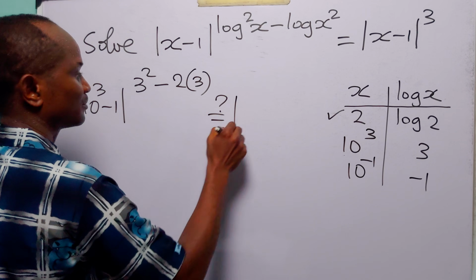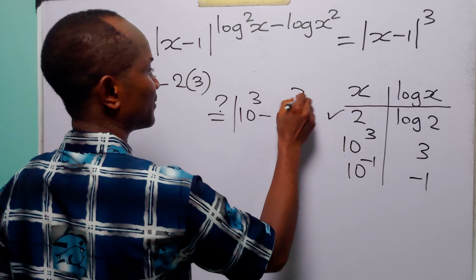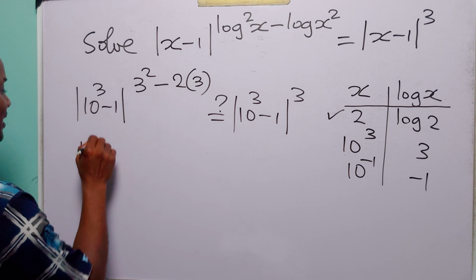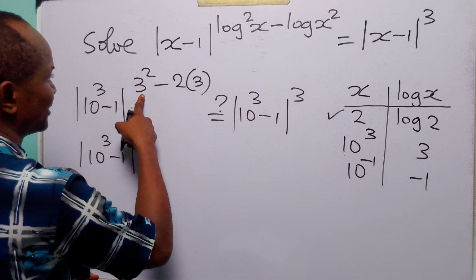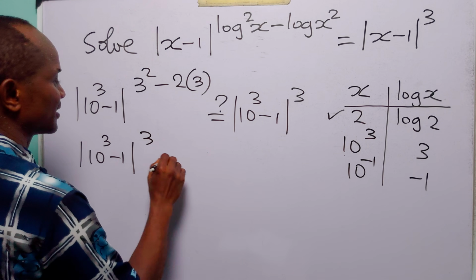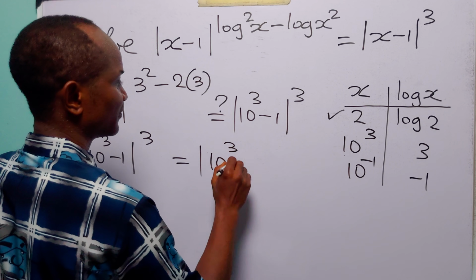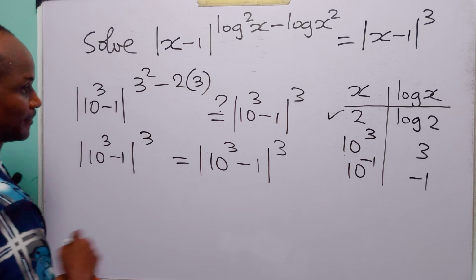And here we have the absolute value of 10 to the power 3 minus 1 to the power 3. 3 squared is 9. 2 times 3 is 6. 9 minus 6 is 3. And of course, this is equal to the absolute value of 10 to the power 3 minus 1 raised to power 3.